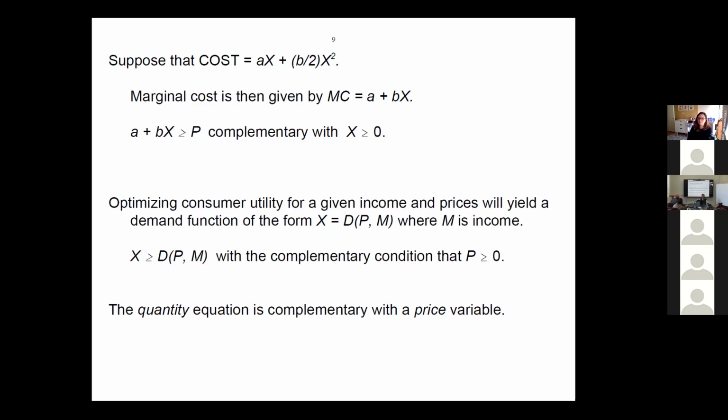Why is it written that way? Well, in equilibrium, it may be that supply is so large that it exceeds demand even at a price of zero. I'll give you an example of this, like pollution permits, in about 2 minutes. Demand can't be greater than X because then somebody's not optimized.